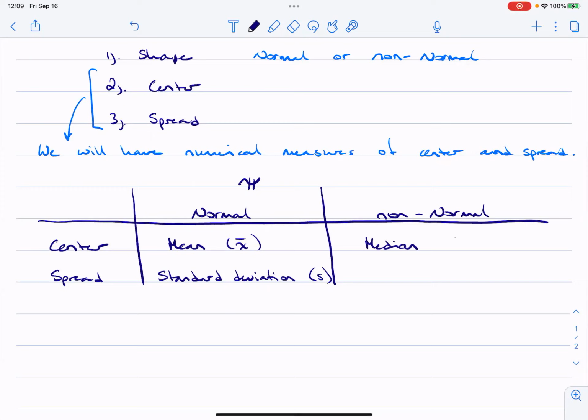The median is sometimes denoted by an x with a tilde over top. I don't use that notation. I just write median, because otherwise it's too many x's with stuff on top.